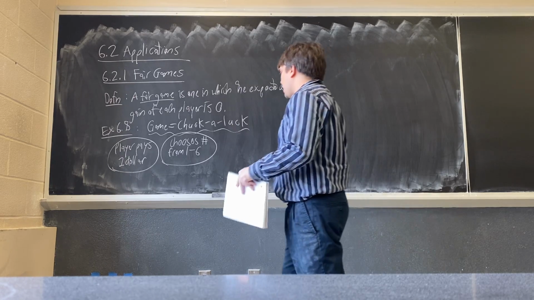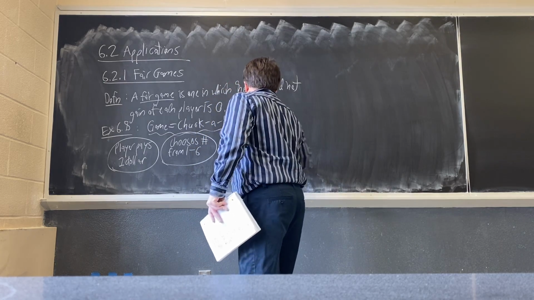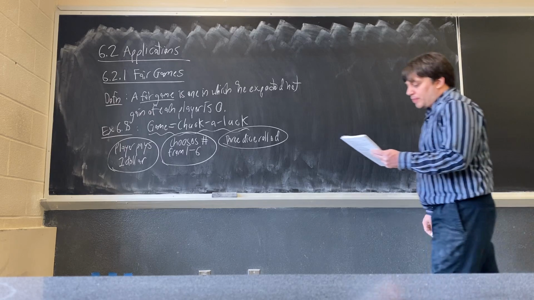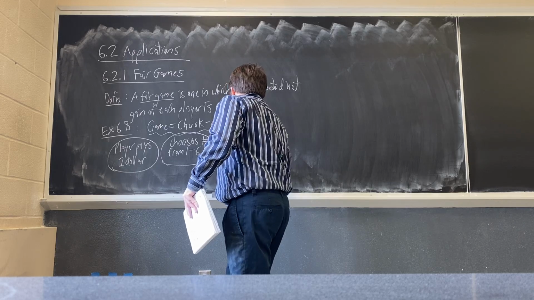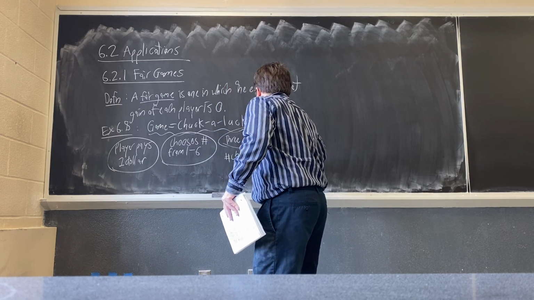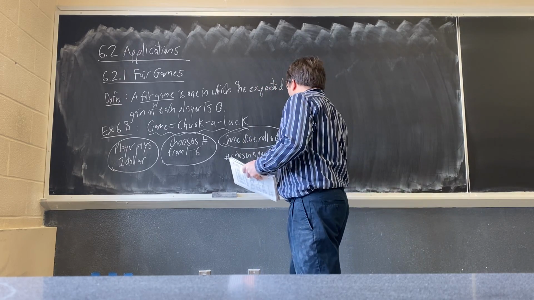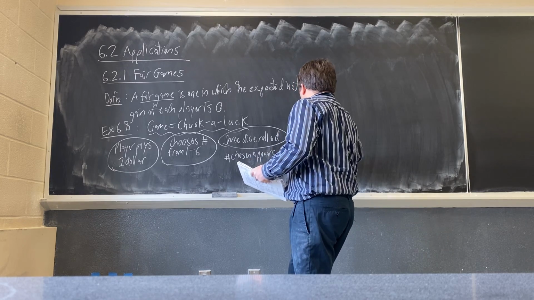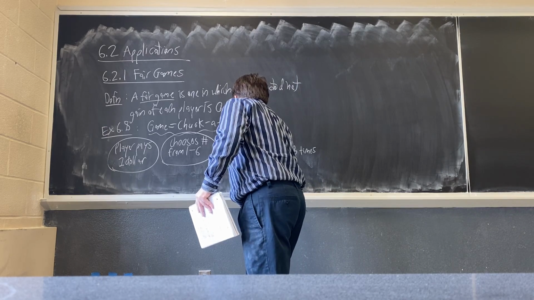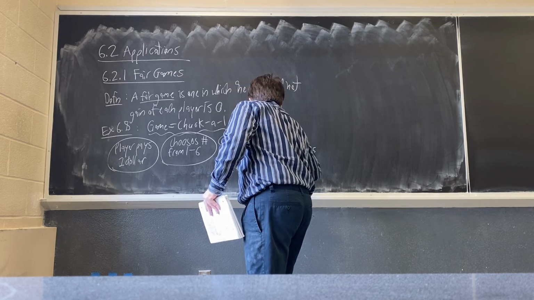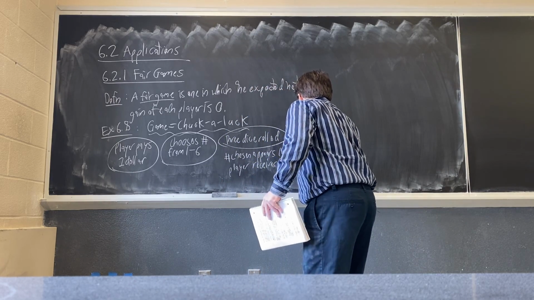Okay, 3 dice are rolled, and if the number chosen appears 1, 2, or 3 times, the player receives $2, $3, or $4 respectively.